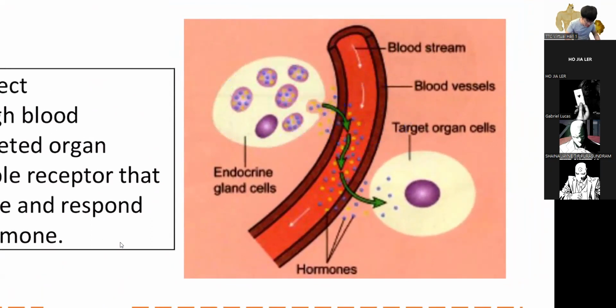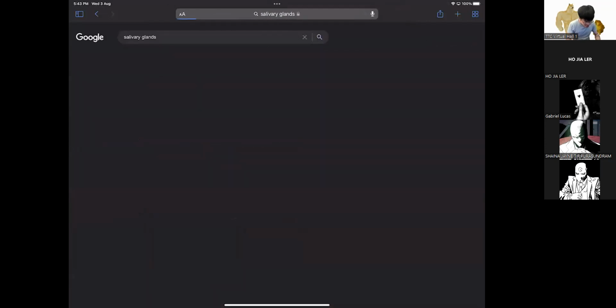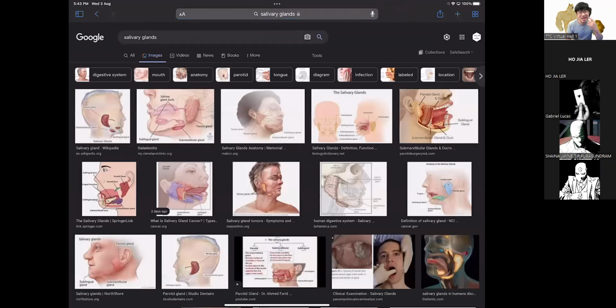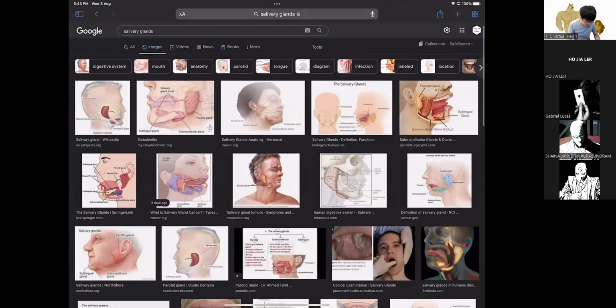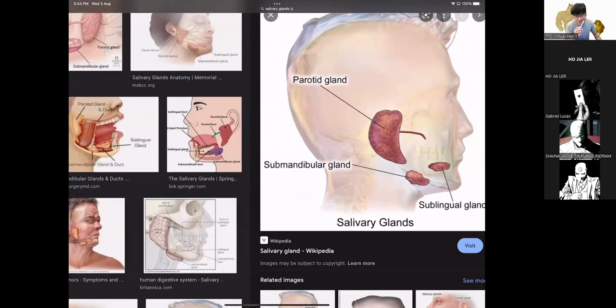For comparison, do you know what a salivary gland is? The gland in your mouth that produces saliva, as the name says. Can you see there's a duct there? A pipe there? Once they make saliva, they use that pipe and send the saliva to your mouth.